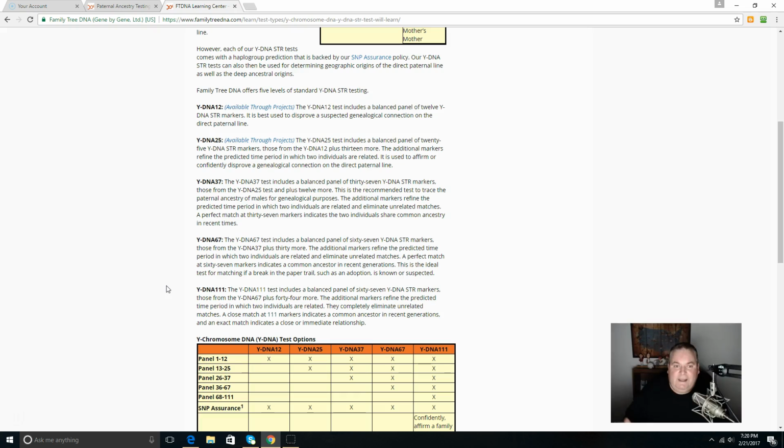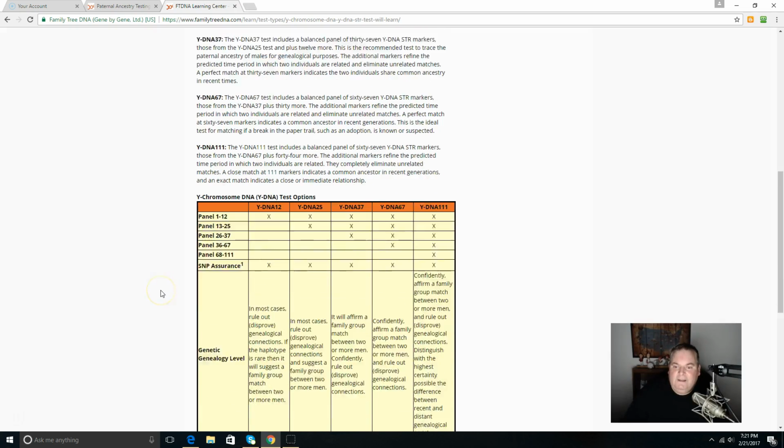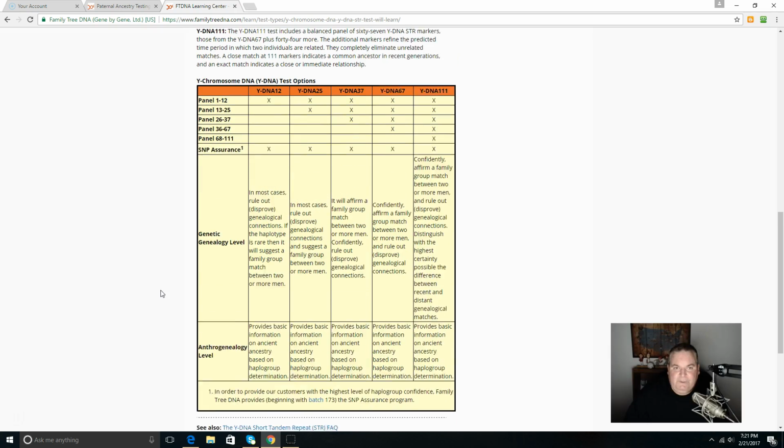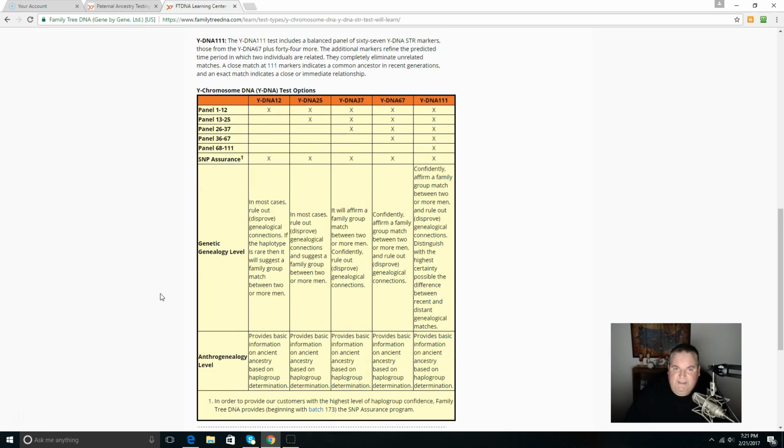So as we get higher in the Y-DNA testing markers, you're going to be able to eliminate some false positives, so to speak, of people that may be related to you amongst the paternal line. They offer a test going all the way up to 111 Y-DNA markers. So very interesting here, where you get the results of these tests.